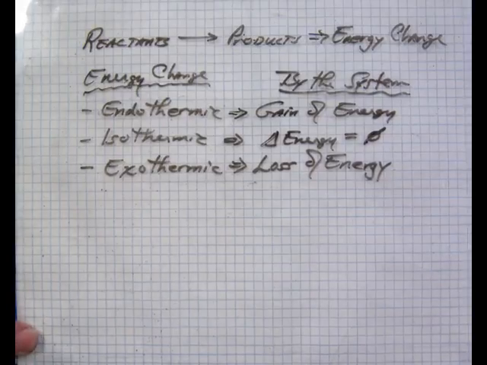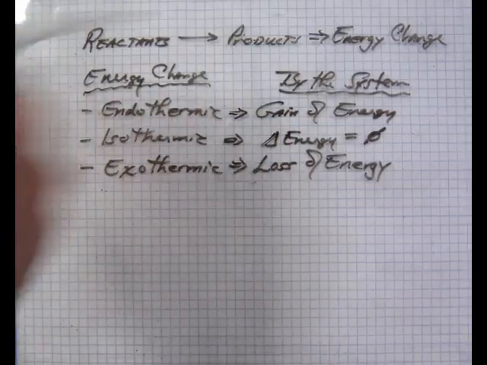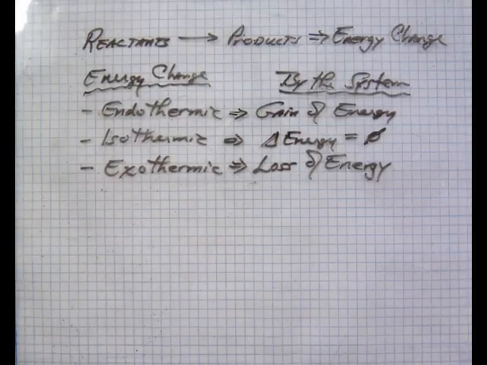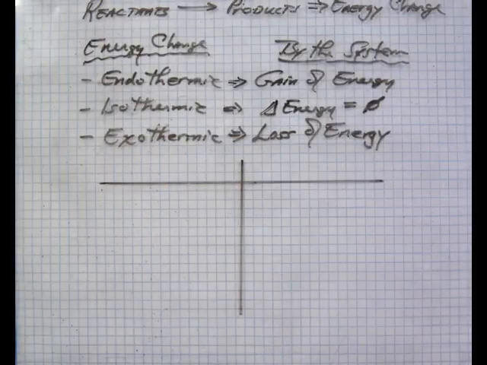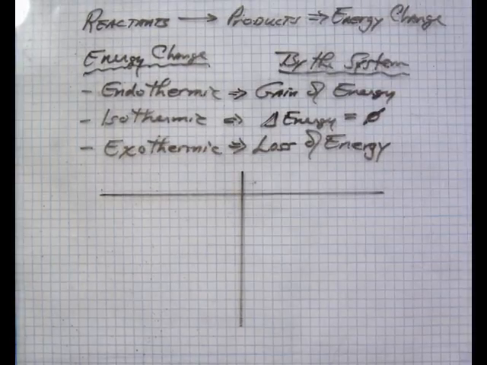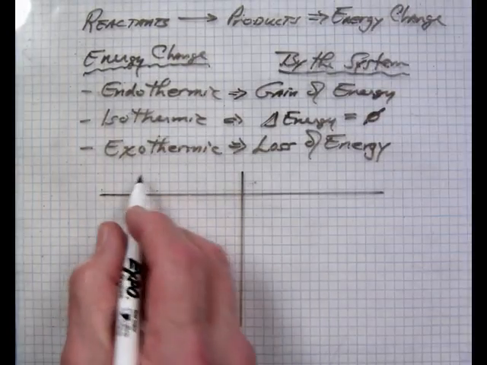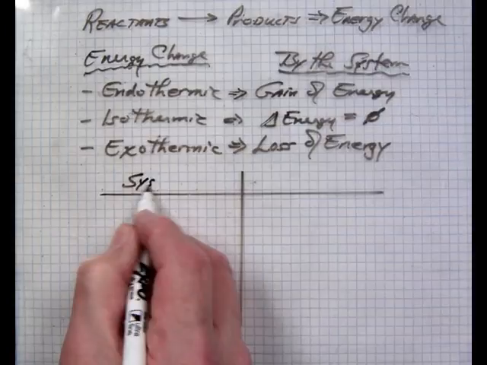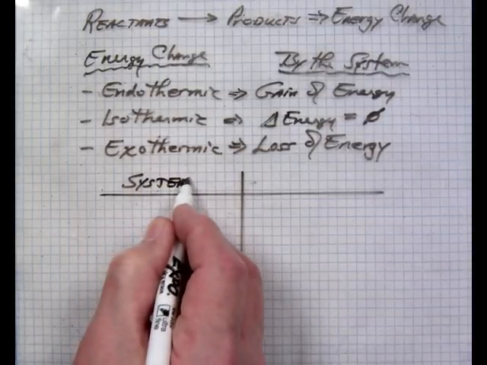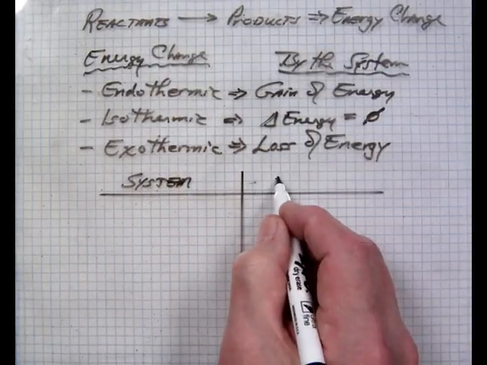To understand how this fits into the concept of thermodynamics, we need to review the heat flow T-table. And on the left, we'll put the system. On the right, surroundings.